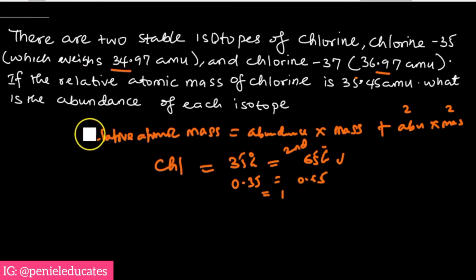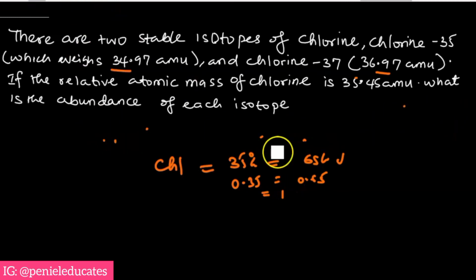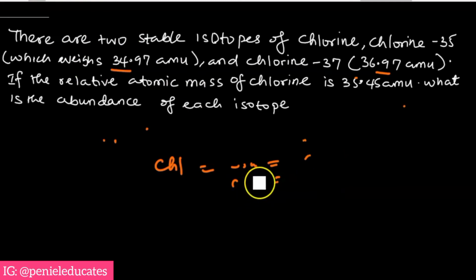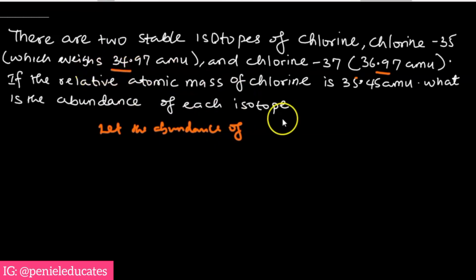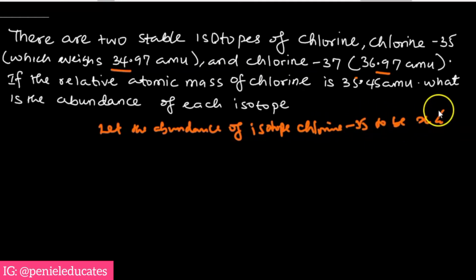Now, we're not given the abundance, and that's what we want to find. So let the abundance of the isotope chlorine-35 be maybe X%.